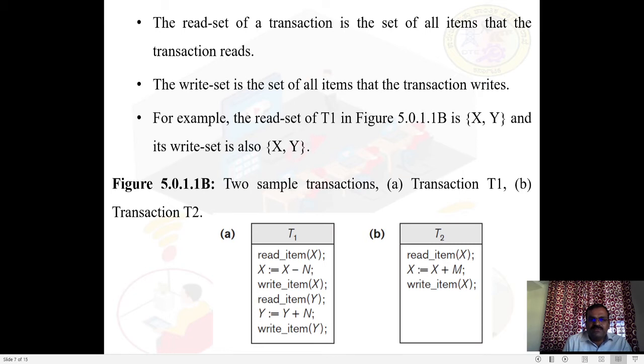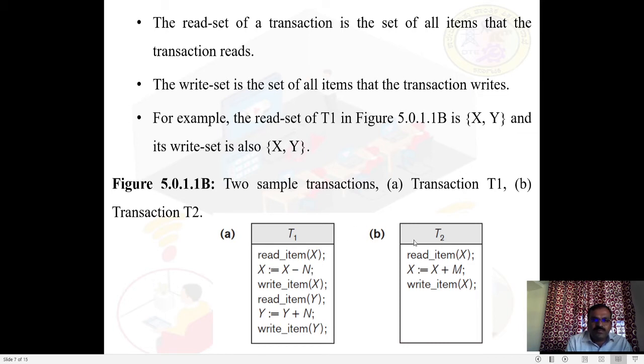The write set is the set of all items that the transaction writes. For example, the read set of transaction T1 in the figure is {X, Y}, and its write set is also {X, Y}.